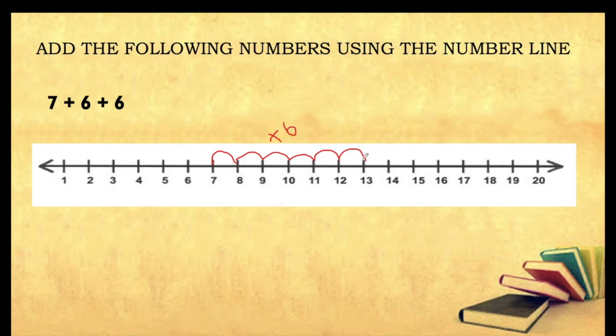From here another 6 times, that is 1, 2, 3, 4, 5 and 6. So another 6. So the sum of 7 plus 6 plus 6 is 19. So the sum is equal to 19.